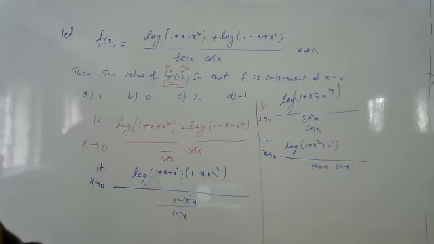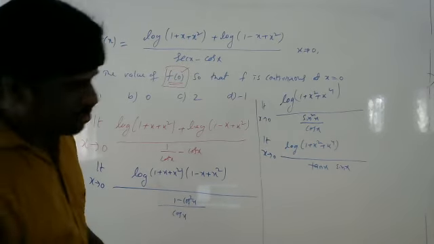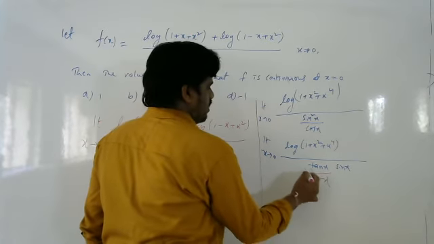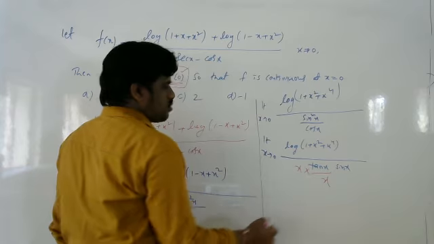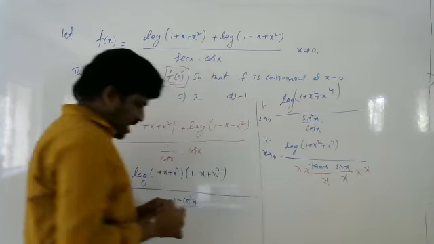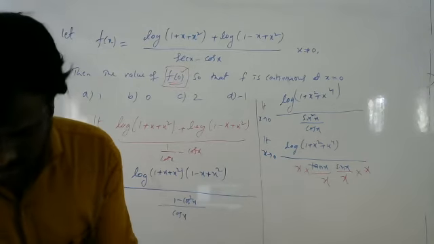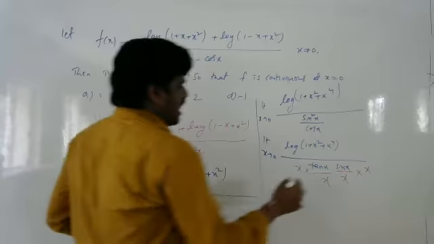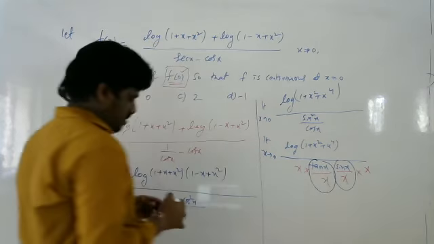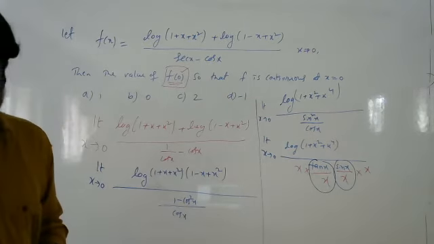इसको शांत करने के लिए क्या करेंगे? x से मल्टीप्लाई x से डिवाइड करना है. तो tan x बाई x ये तो 1 हो जाएगा, sin x बाई x ये भी 1 हो जाएगा, limit x tending to 0.